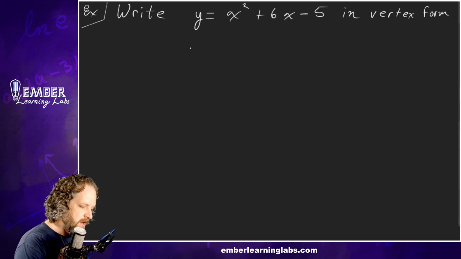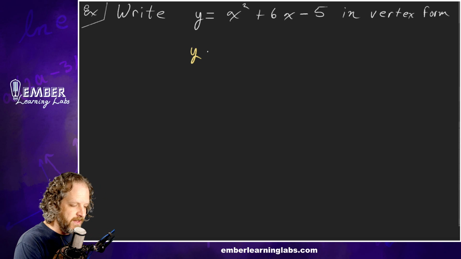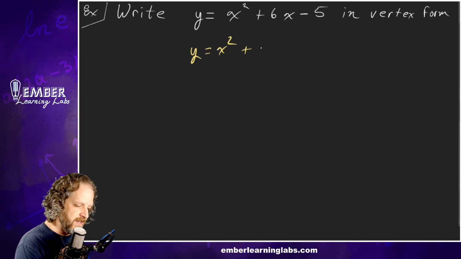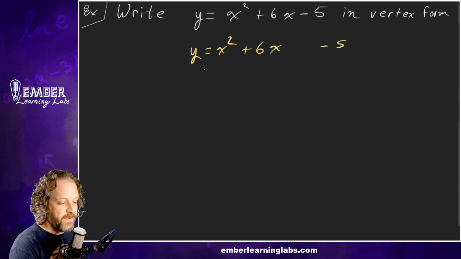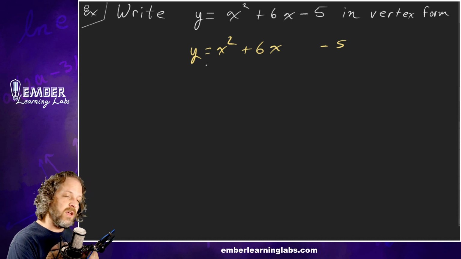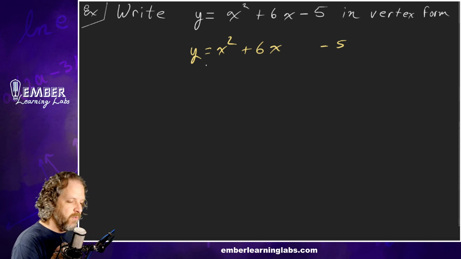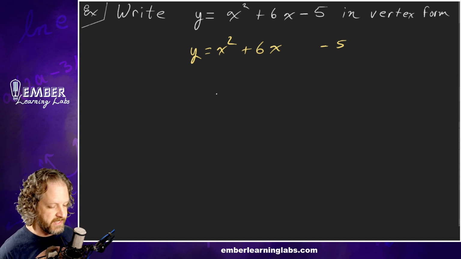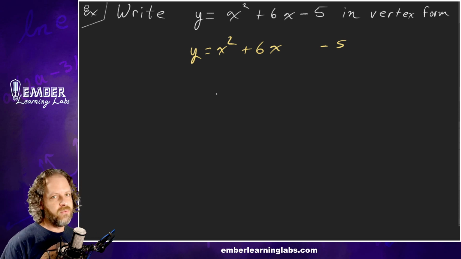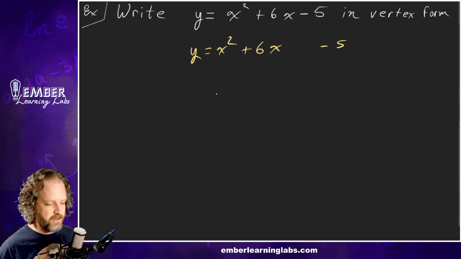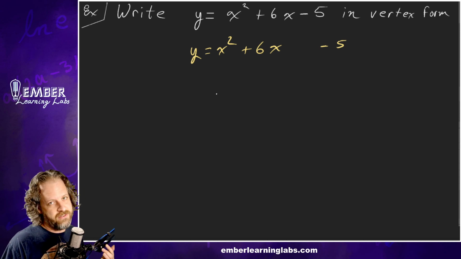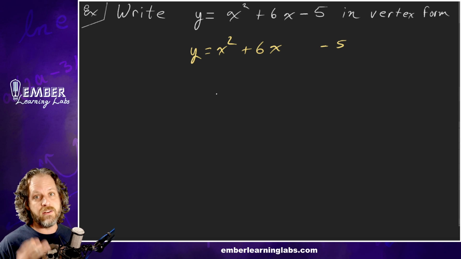Let's do it. So the first step is to rewrite the equation with this C term shoved over. So we're going to rewrite it like this. Now, if A is 1, then we need to figure out what we're going to add on here. If A isn't 1, we'll see an example of that soon, then we've got to do one more step, just like in regular completing the square to solve for the roots.